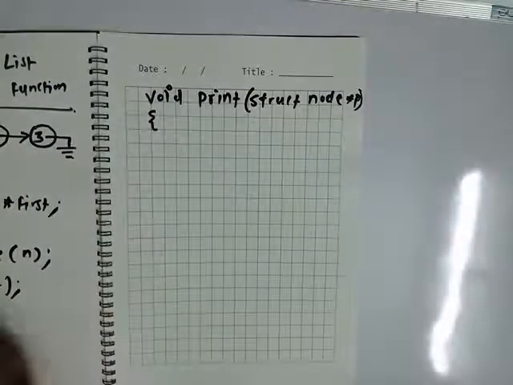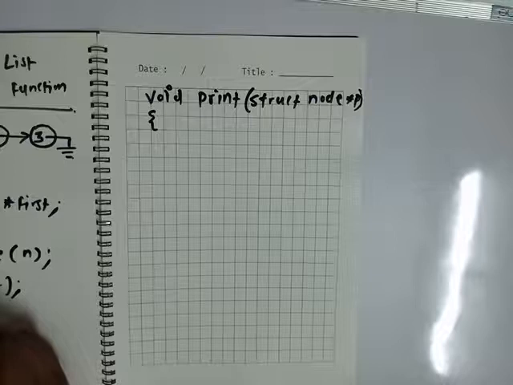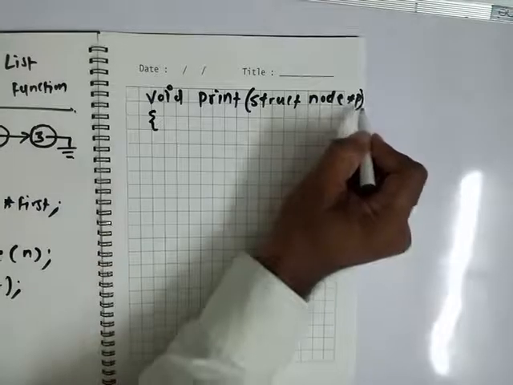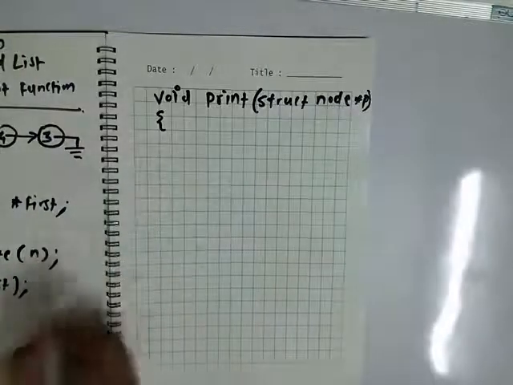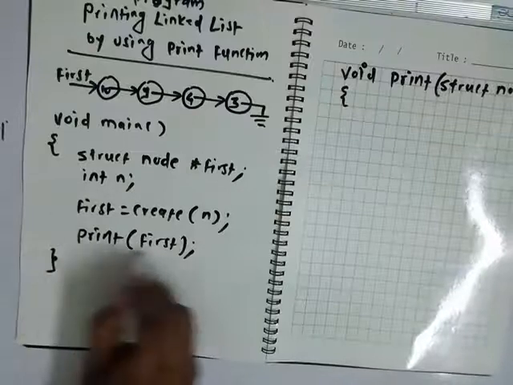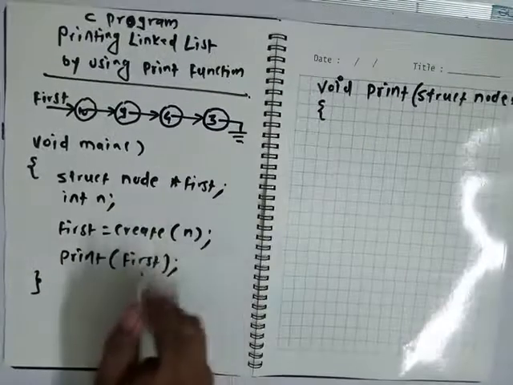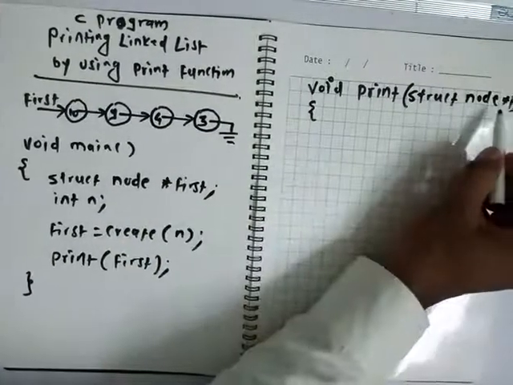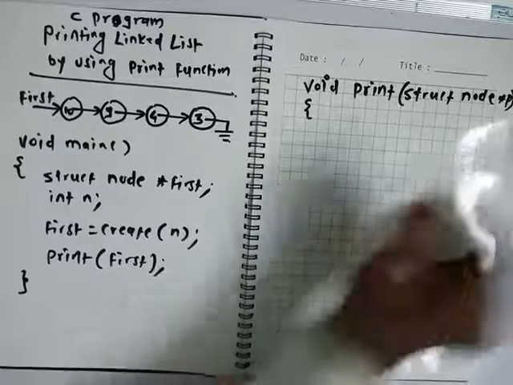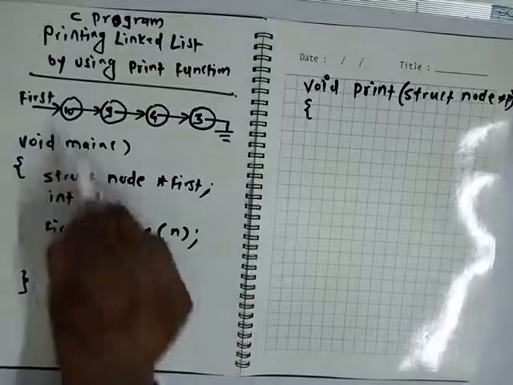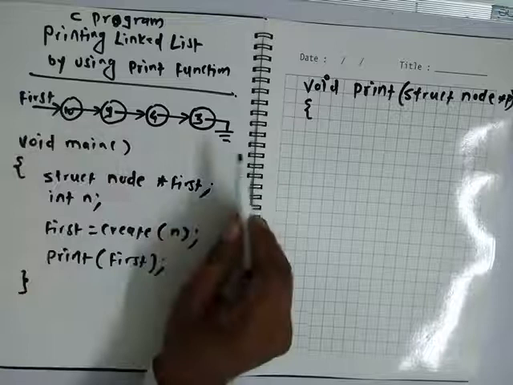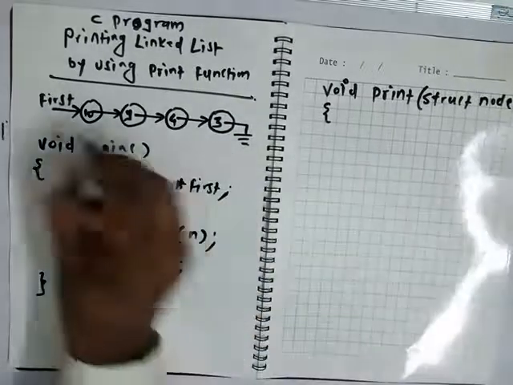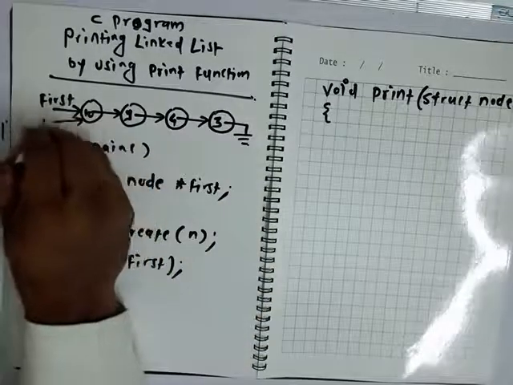So when this call happens, the value of first will be stored in p. But the value of first is the address of the first node of the linked list, so p will also point to the first node of the linked list, right?